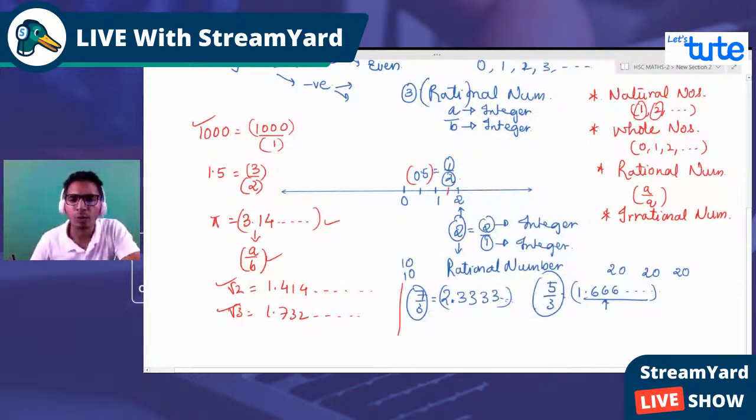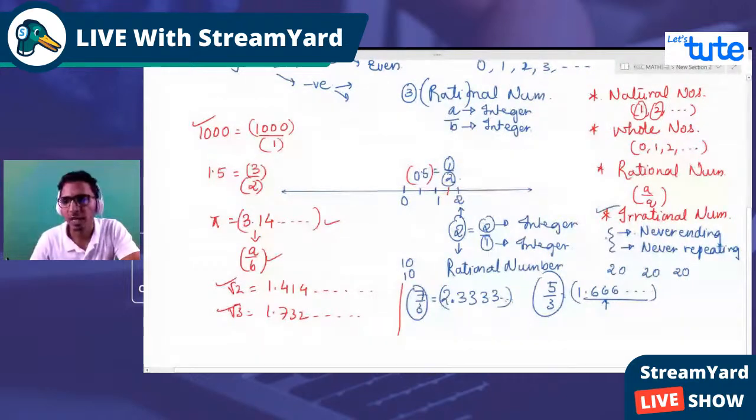That only never ending decimals will not conclude that it is an irrational number. So from this what we understand is irrational numbers are basically never ending as well as never repeating. Only in this case will the numbers be called irrational numbers.